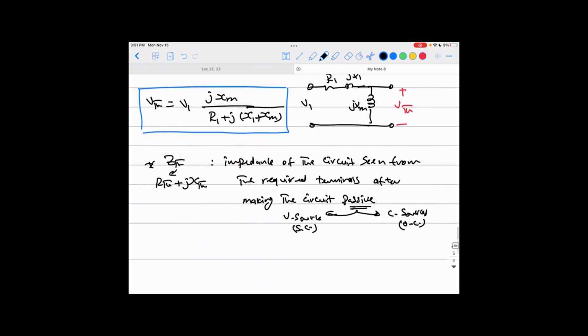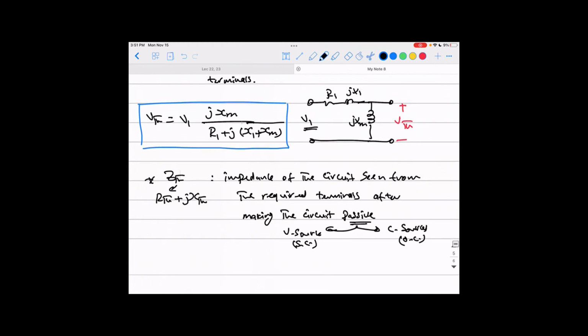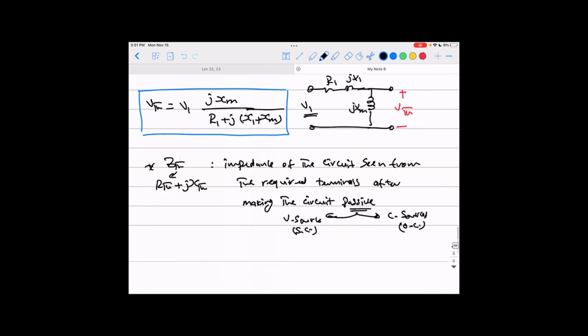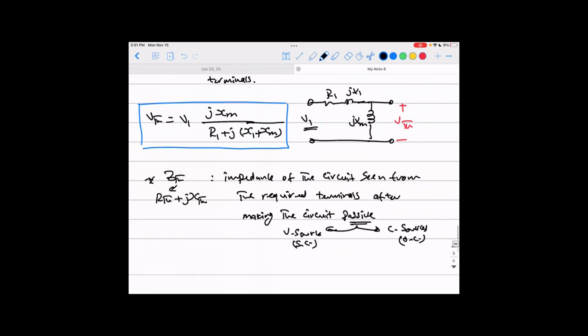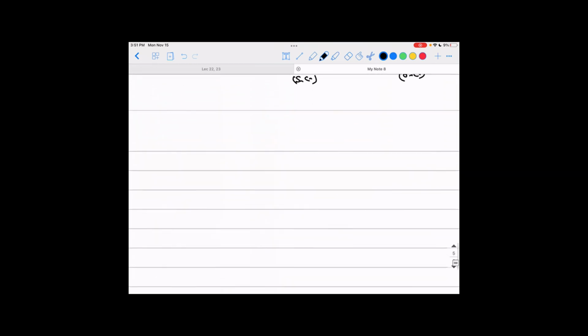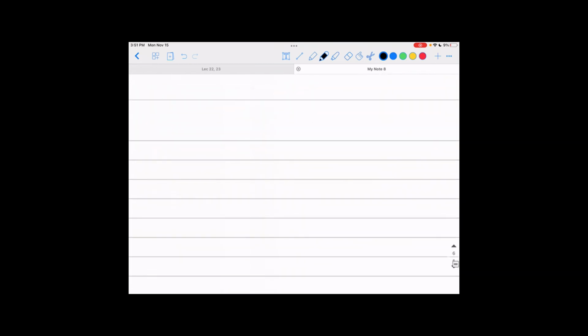We have a voltage source here, which is V1. So to find it, we need to make this voltage source a short circuit and look from the terminals to find the equivalent impedance. Easy as that. So that is your circuit: JX1, R1, and now I'm placing a short circuit here instead of our voltage source V1, and here is your JXM, and here are your terminals.